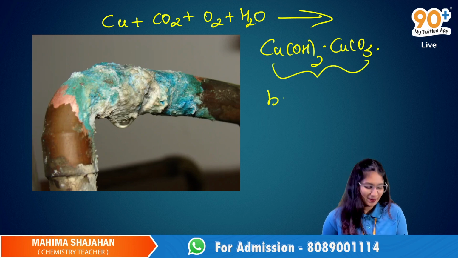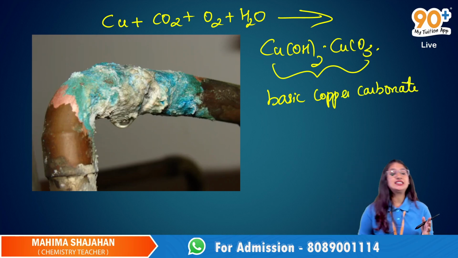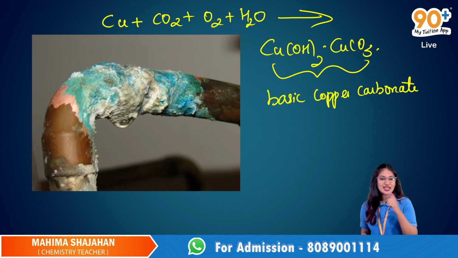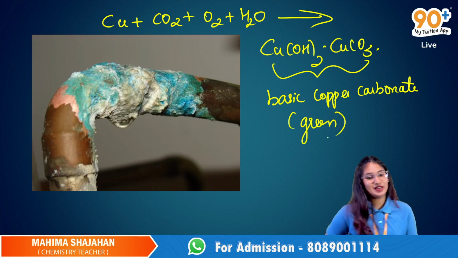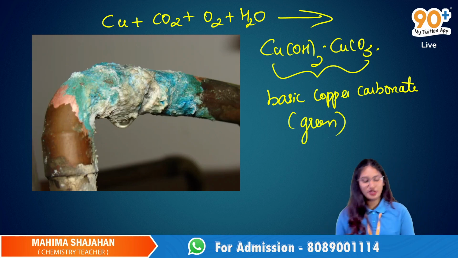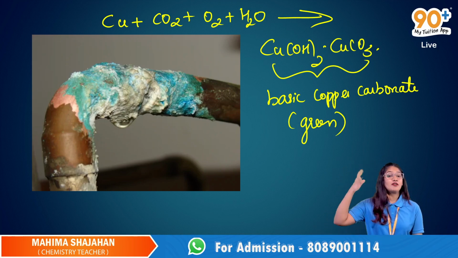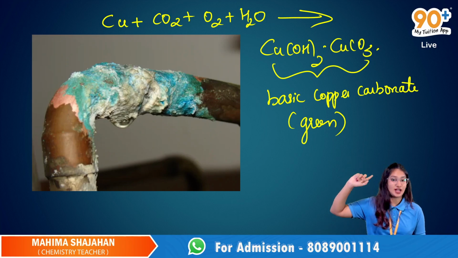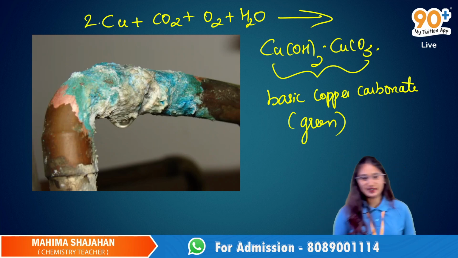It is called basic copper carbonate. ഇയാളുടെ കളർ എന്താണെന്ന് അറിയോ? It is green in color. അതുകൊണ്ടാണ് when iron corrodes, a reddish brown rust is formed. Copper corrode ചെയ്യുമ്പോൾ a green color is observed. It is due to the formation of basic copper carbonate which is green in color. It is balanced now, right?